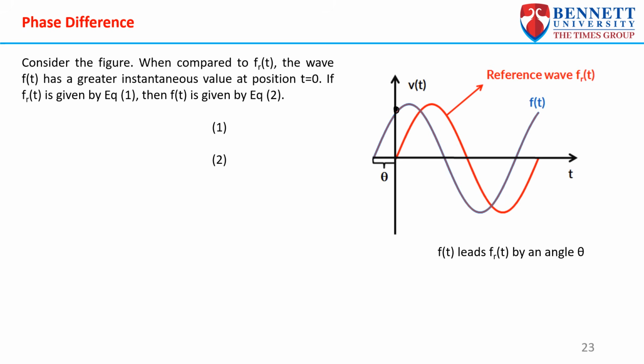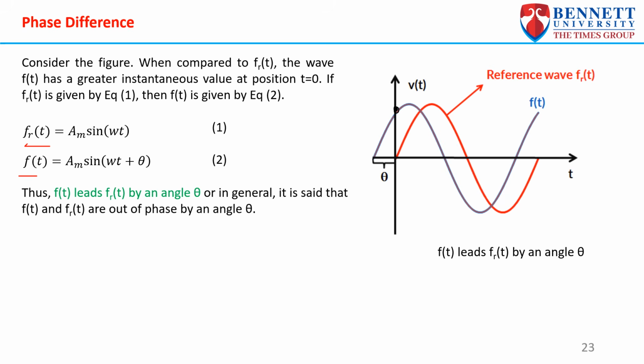Now there is another concept called phase difference. In the phase difference, if you have two waveforms, we check what the phase difference between them is. Suppose you have a reference signal f_R of t, which is A_m sin omega t, where A_m is the amplitude of the signal, omega is the angular frequency, and t is the time. And you have another signal f of t, which is A_m sin(omega t plus theta).